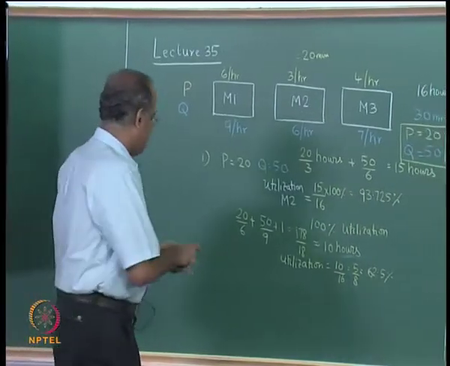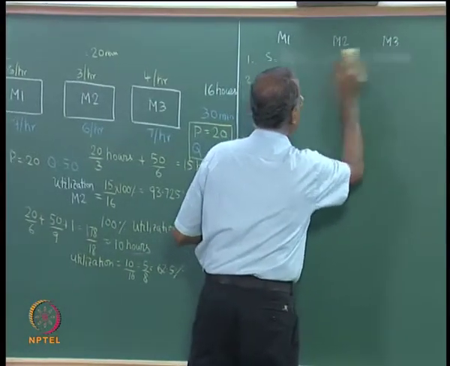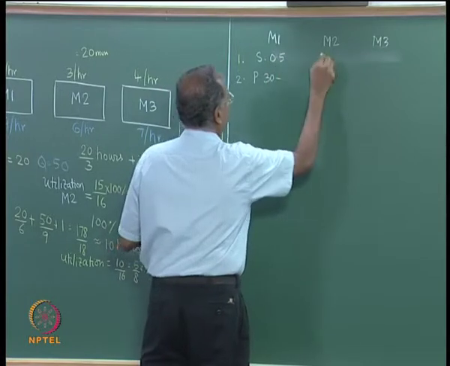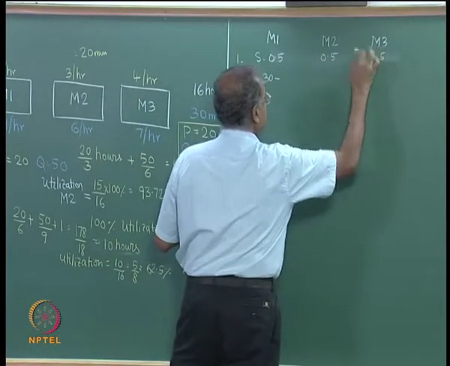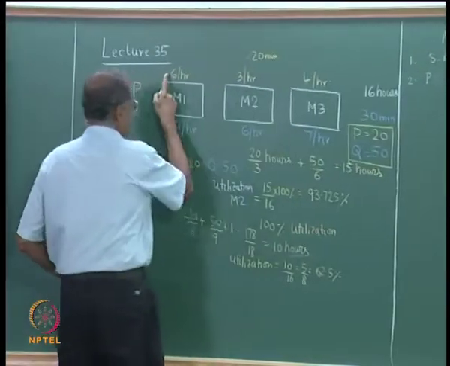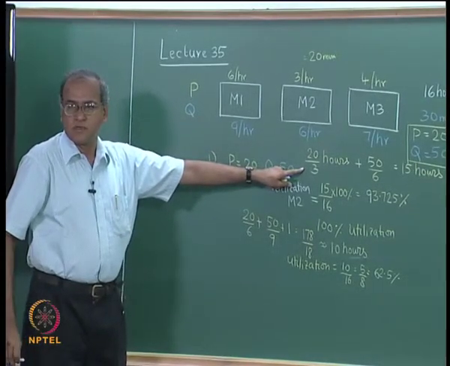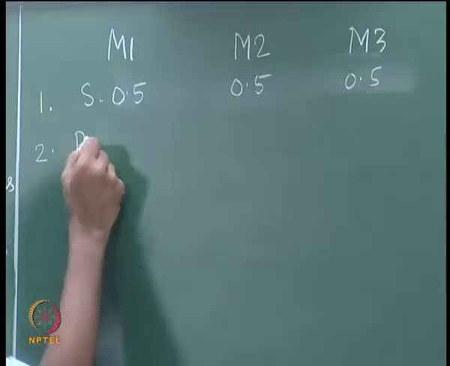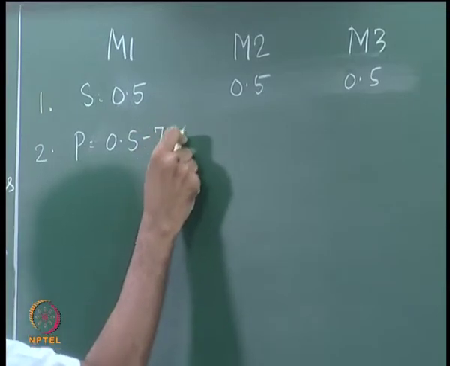We will keep it in hours rather than minutes to make it easier. So, we will say S is equal to 0.5 hours, 0.5 hours, 0.5 hours. Now, this is going to take 6.66 hours. So, 6.66 hours plus 0.5 hours is 7.16 hours.